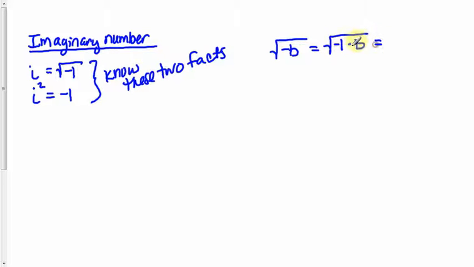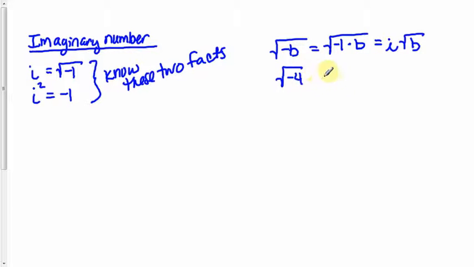And I know that the square root of -1 is i, and b stays underneath the radical. Now that's an abstract application of it. We're going to move into some more concrete things now. Okay, that's just your general rule.